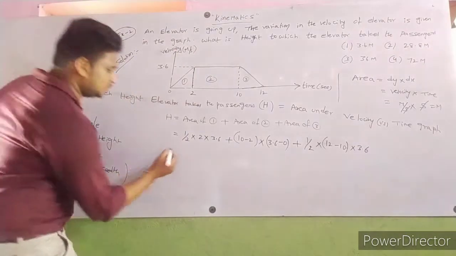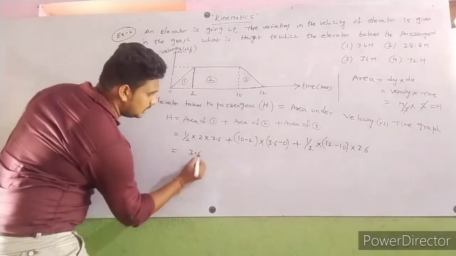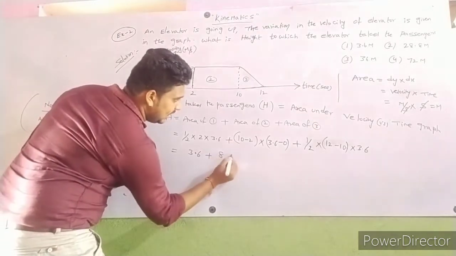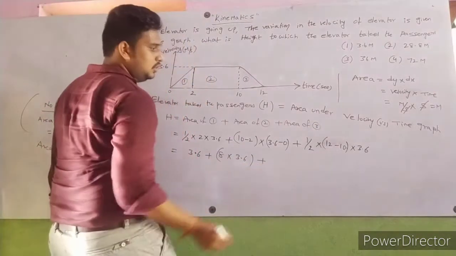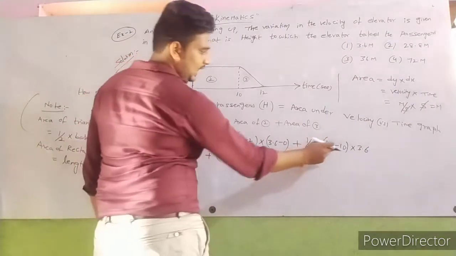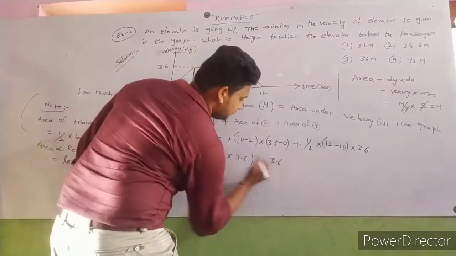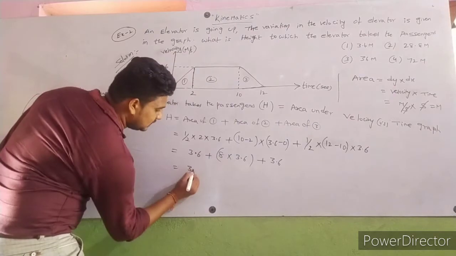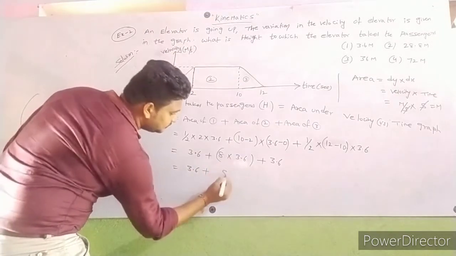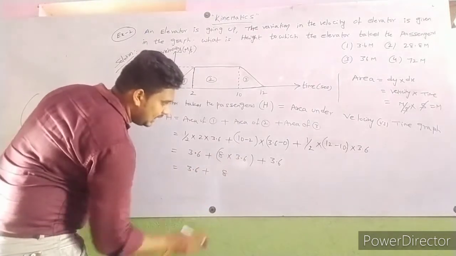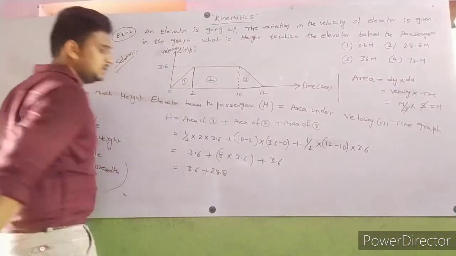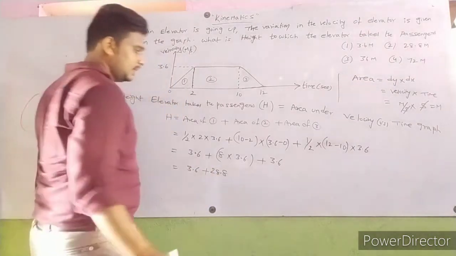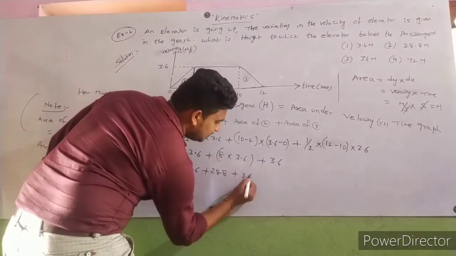From this, the 2 cancels, 3.6 plus 10 minus 2 means 8. 8 into 3.6 plus 2, how many times? 6 times. 2 cancels here, 3.6. So from this, 3.6 plus 8 into 3.6, which is 28.8.